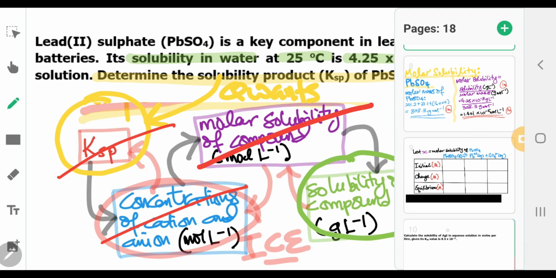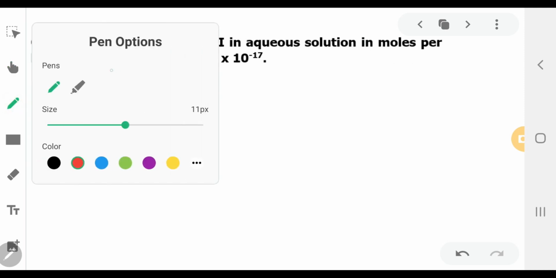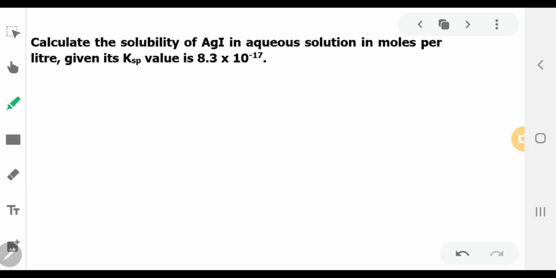Let's have a look at another example. The example right here wants you to find the solubility of silver iodide, AgI, in aqueous solution in moles per liter. So we need to find the solubility of AgI in moles per liter.